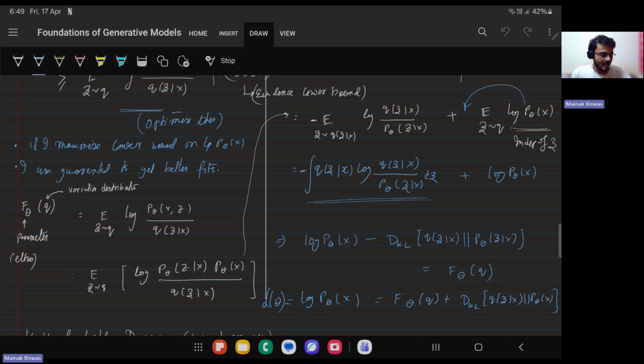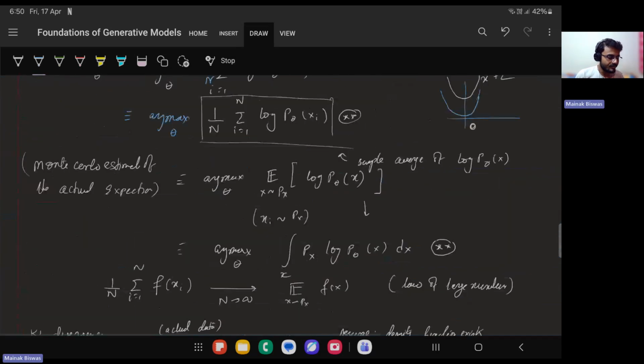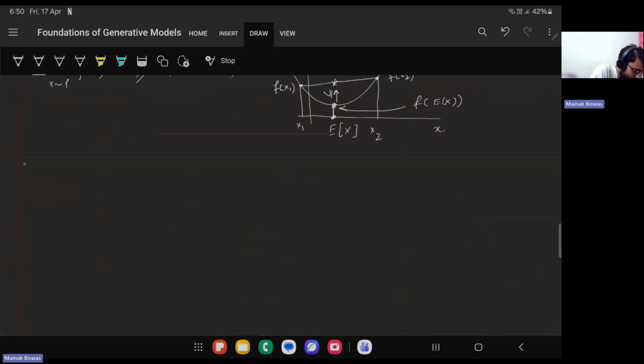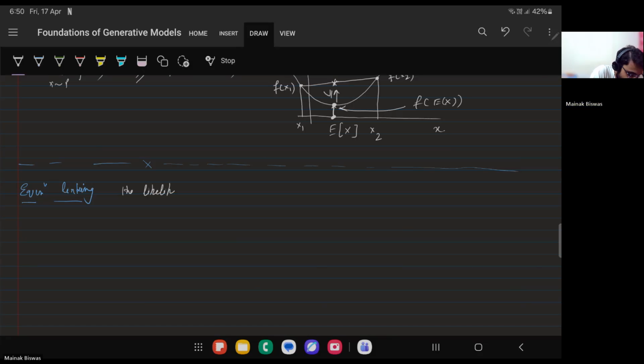So you can clearly see now I have another very important equation that links... The equation is, I'll just continue from here. Equation linking the likelihood and the variational objective.